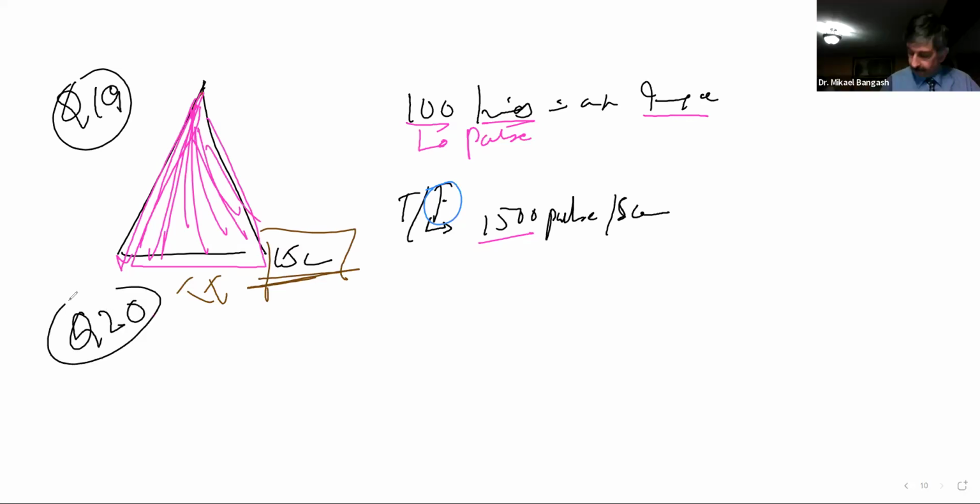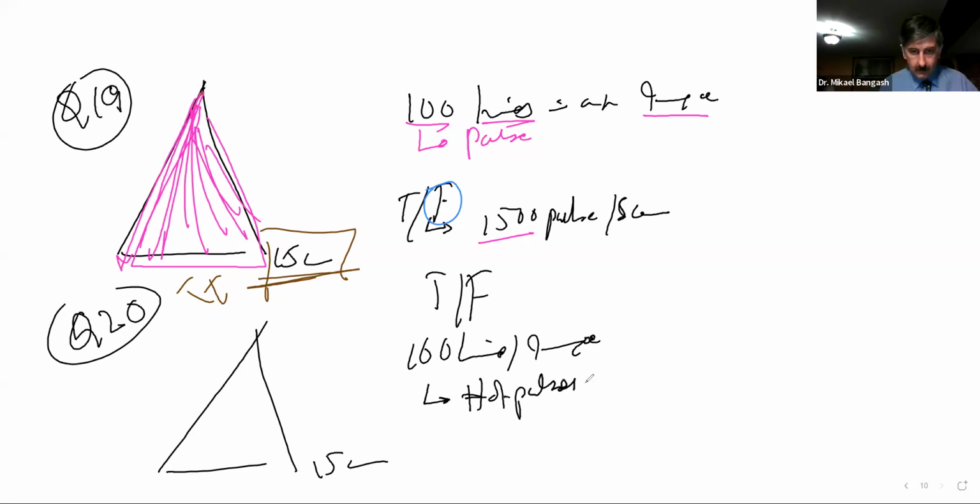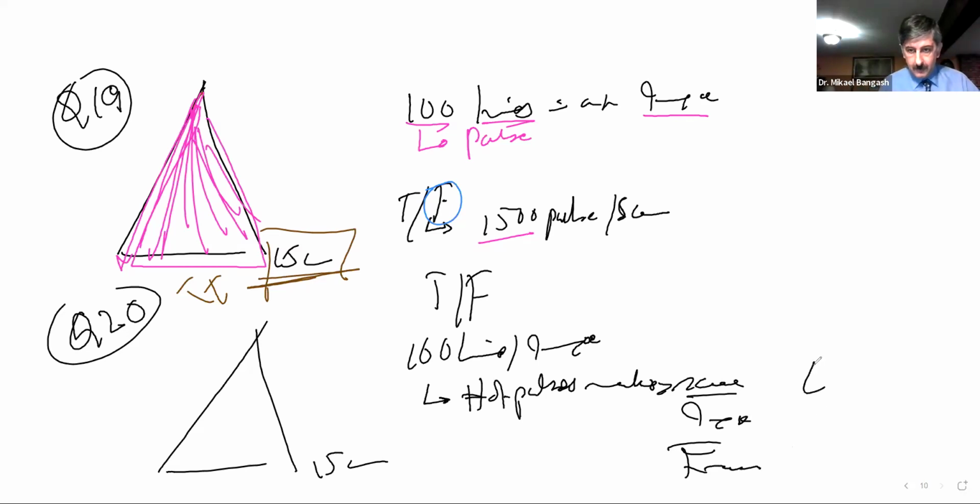Now number 20, again true or false. If the imaging depth is 15 centimeters and there are 100 lines in the image, then the number of pulses making up the scan, which is just your image or frame, is 100.